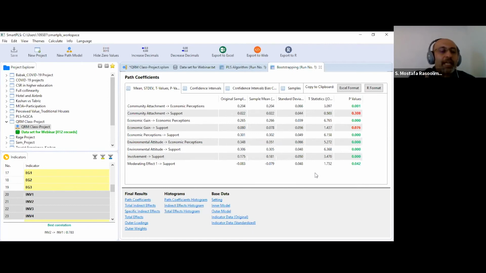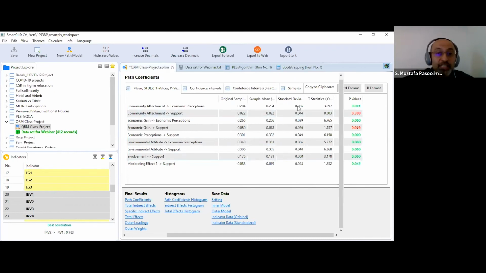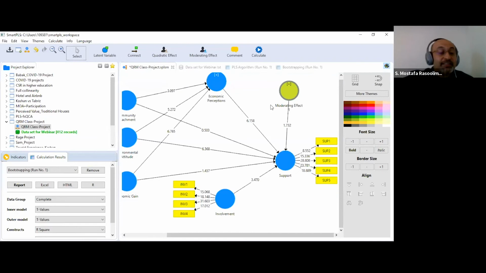So this is the way that we use software for assessment of a moderator using the interaction effect method. We need to create this interaction term and then assess the significance of the effect of this interaction term on the DV.